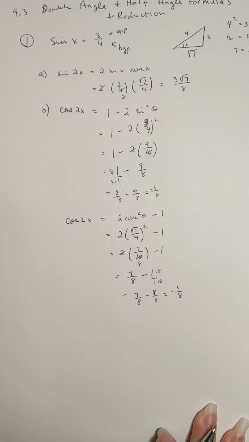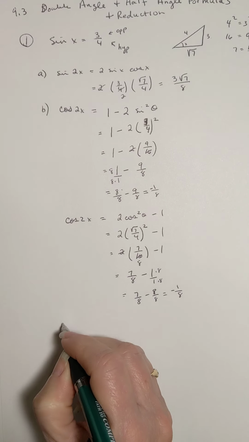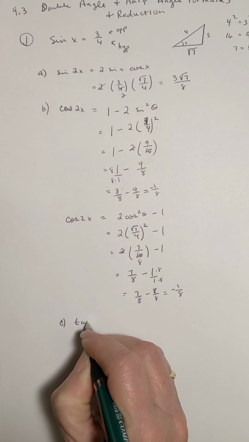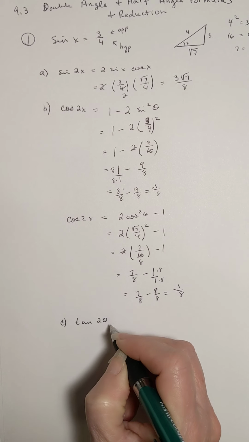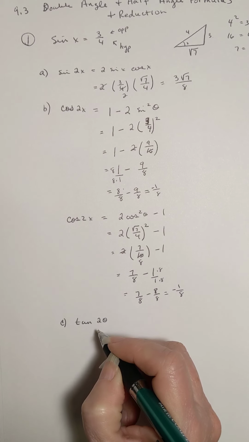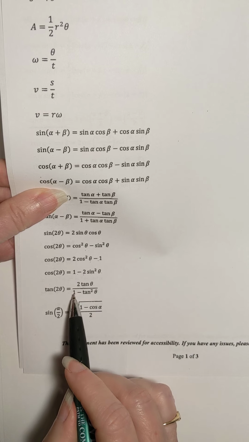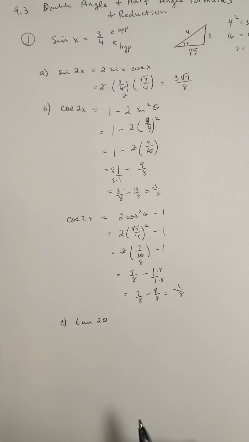All right. And then part C says the tangent of 2 theta. And so the tangent of 2 theta, again looking on your formula sheet, is 2 tangent theta over 1 minus tangent squared of theta.